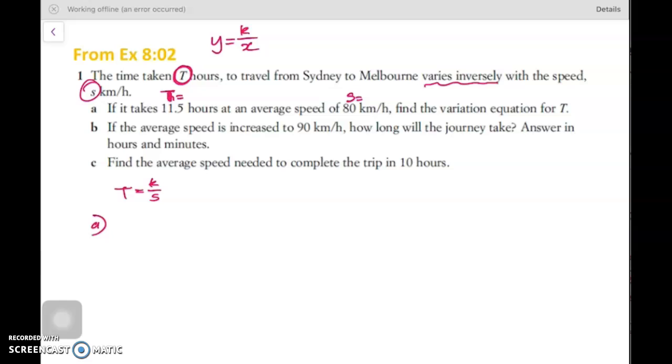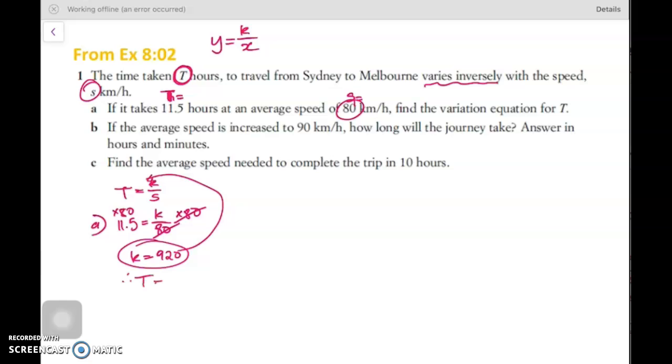So T is 11.5, so 11.5 is equal to K over 80. We solve the equation by multiplying both sides by 80. That will give us 920 for K, which we can substitute back into our original equation to get a specific equation for T. T is equal to 920 over S.